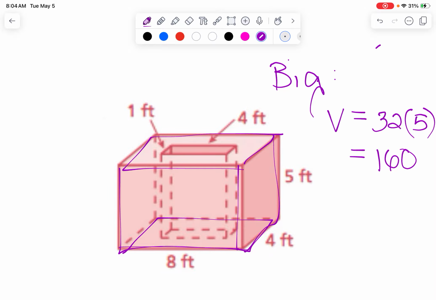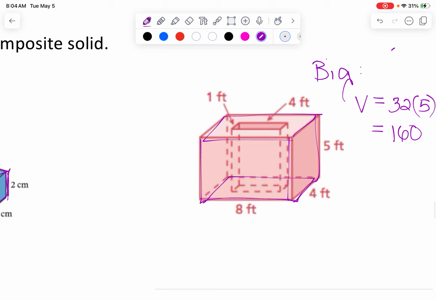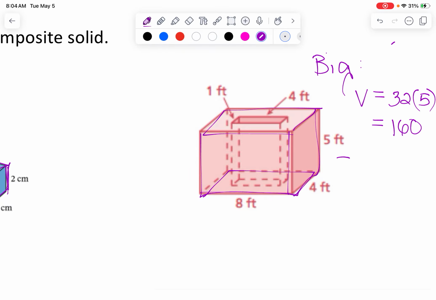Okay, so we got that. Now let's do the smaller one on the inside. It looks like it's a 1/4 on the inside, so that's 4, and then the height is still 5. So the volume of that is 20.